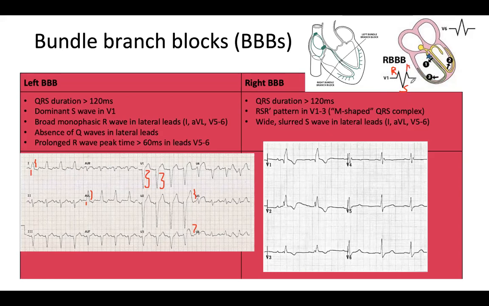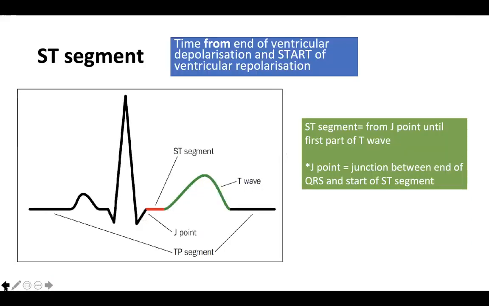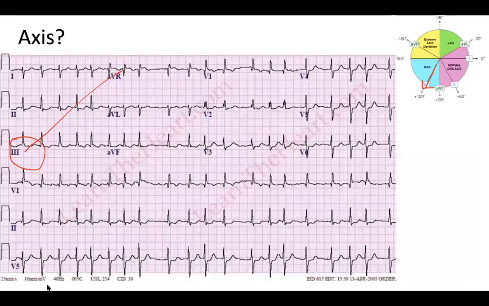Some people say this is an M, and they use mnemonics like William and Morrow. But I prefer looking and understanding this instead of just jumping to the M pattern, because sometimes it'll be wrong if you're just looking for an M. And then there's a wide slurred S wave in the lateral leads, which I don't actually have depicted here, but you would see that in V5 and V6.